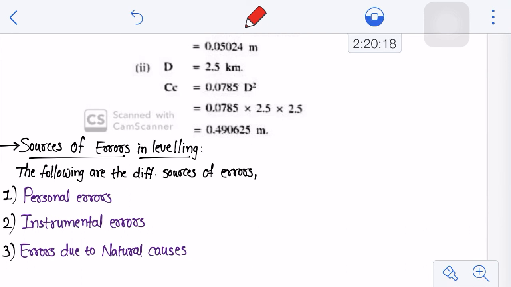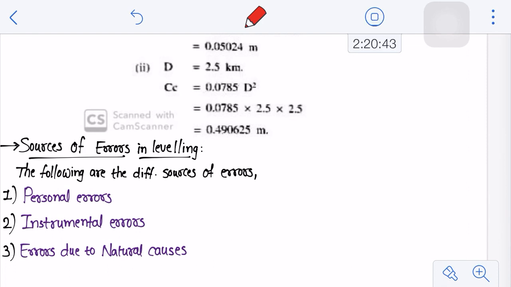The position of the staff may be disturbed at the change point, and also the reading may be taken at the upper or lower stadia hair by mistake instead of the middle stadia hair, the diaphragm's central hair. These are certain personal errors you may find many times during your leveling work, and you have to make sure these errors are not there.